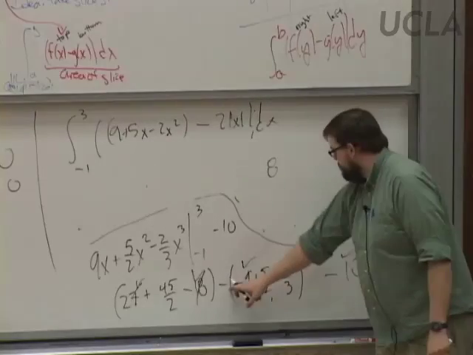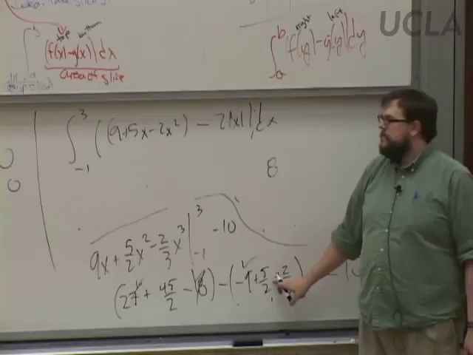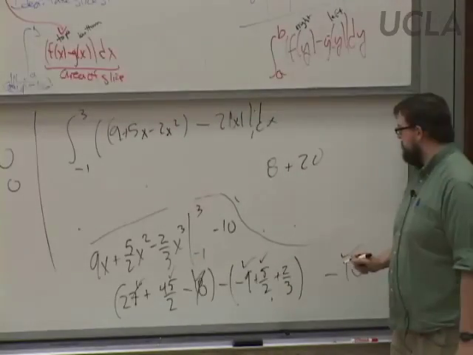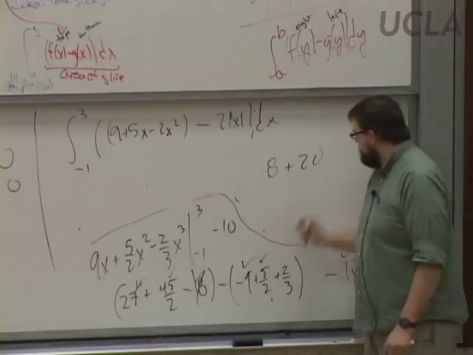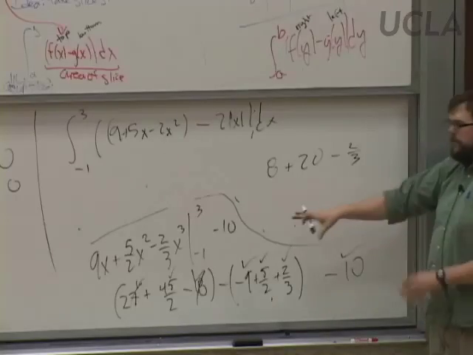45/2 minus 5/2 is 40/2, which is another way to say 20. So that takes care of the 45/2 and the minus 5/2. And then finally I have minus 2/3, which takes care of the 2/3. So now I've accounted for everything.